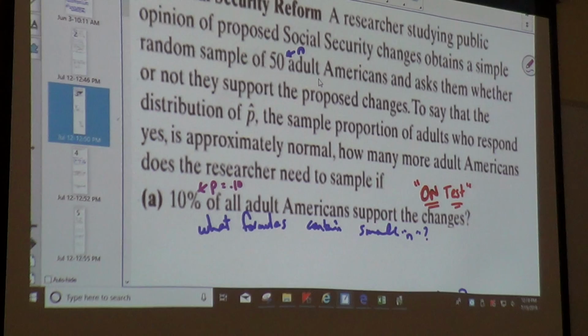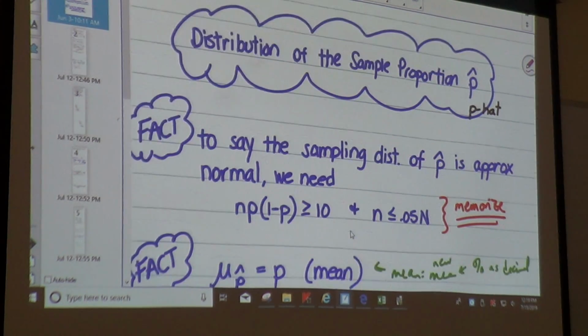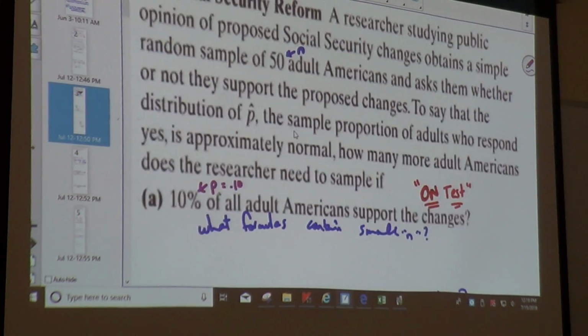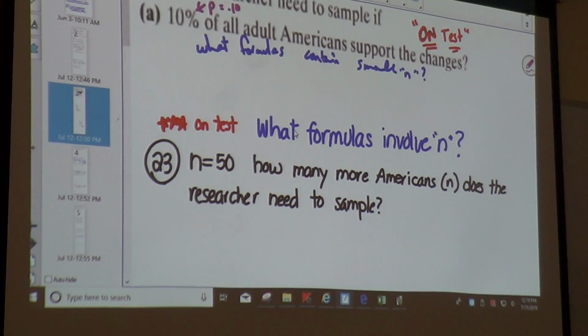So I am going to come back up here and see what I know with p and small n. I could do that one right there. Let me copy it. n p (1 minus p) is greater than or equal to 10.